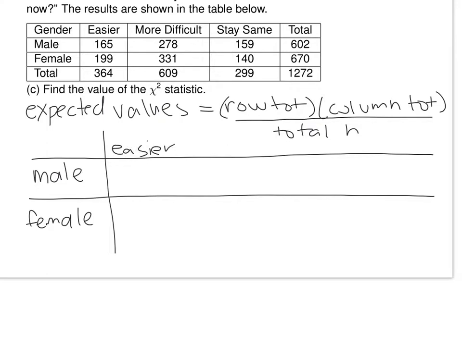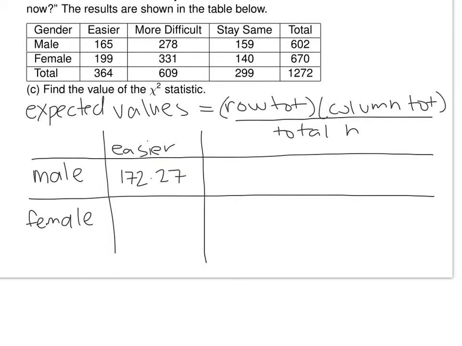To find that first entry, we do 602 times 364 divided by 1272, and that gives us 172.27.